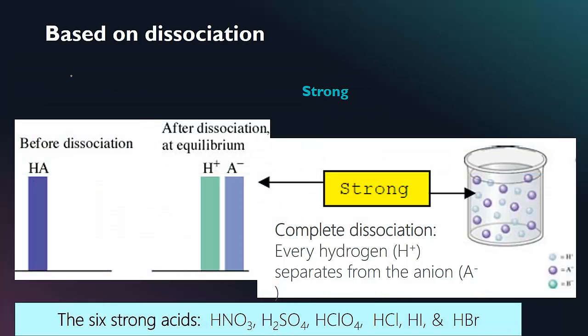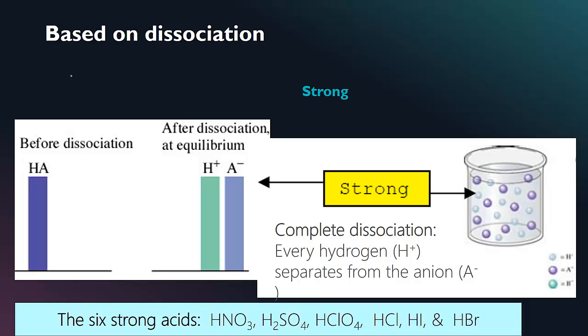Acids are classified, much like ionic compounds, as being either strong or weak, depending on how they behave when placed in solution. A strong acid, when placed in solution, completely dissociates, and there are only 6 strong acids. They are nitric, sulfuric, and perchloric, and then the halides, with the exception of fluoride. So nitric acid, sulfuric acid, perchloric acid, hydrochloric, hydrobromic, and hydroiodic acid are the only 6 strong acids.